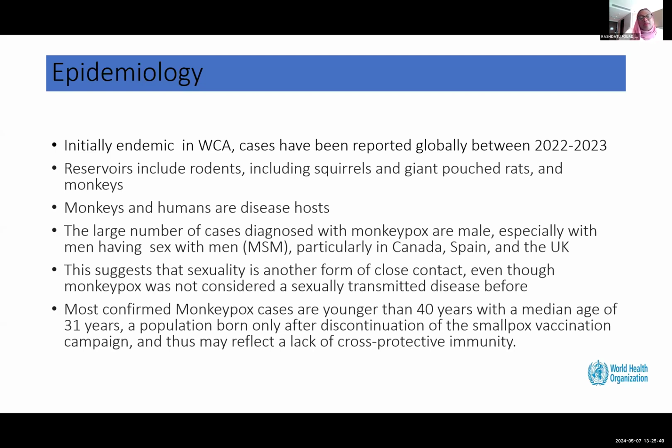And we're seeing most of these cases in younger people, less than 40 years of age, and the median is actually 31 years. And this brings to light the fact that this is the population that was born after the discontinuation of the smallpox vaccine. And this may reflect a lack of cross-protective immunity.